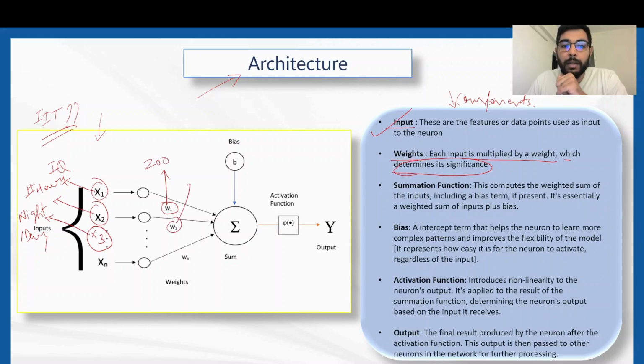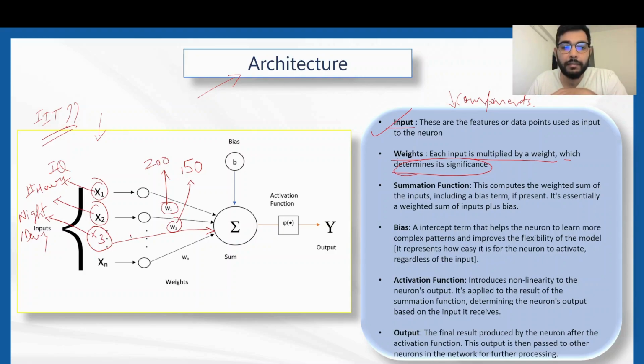Then coming to the number of hours. Yes, the number of hours that a student studies is very important, but as compared to IQ, that is a bit less. So we'll give this 150. The weight associated with the number of hours that a student studies is 150. Then the third feature, whether the student prefers to study at night or day, essentially, according to me, is not of that high significance.